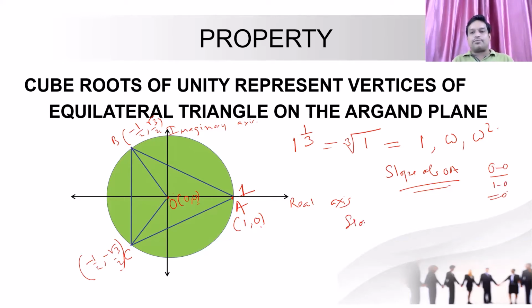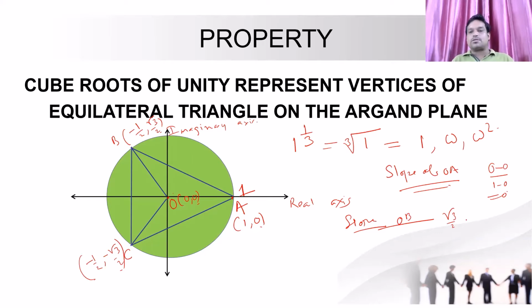Similarly, the slope of OB is y2 minus y1 divided by x2 minus x1, the 2 cancels, so minus root 3.